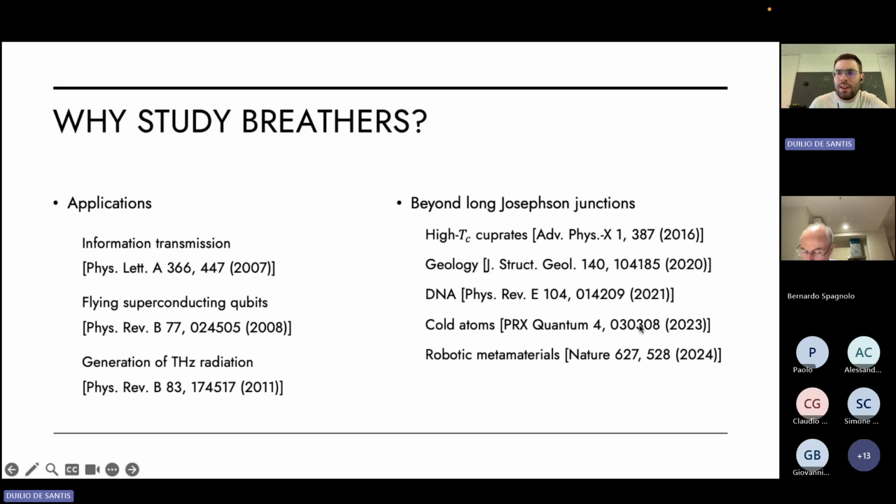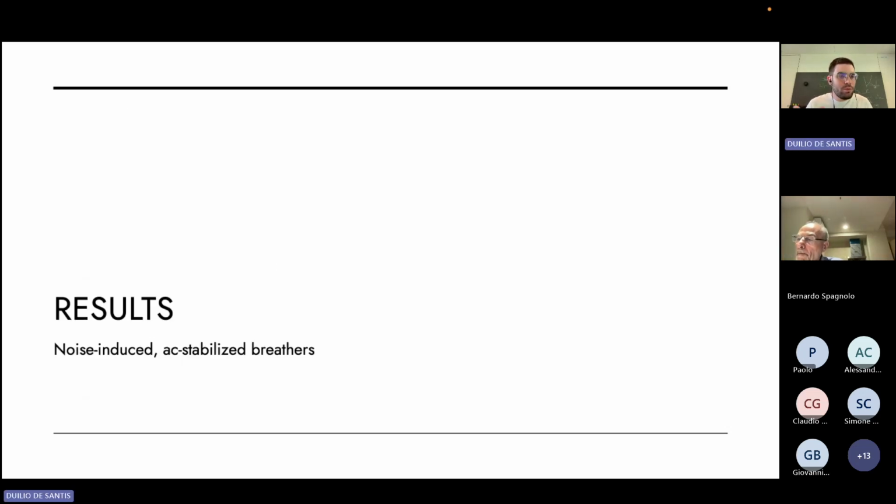And more recently, a study appeared which explored a new kind of sine-Gordon model in robotic metamaterials. In this study, they focus on topological solitons, but there is already some interesting activity going on regarding breathers there as well. So with that being said, I will now get into some results.